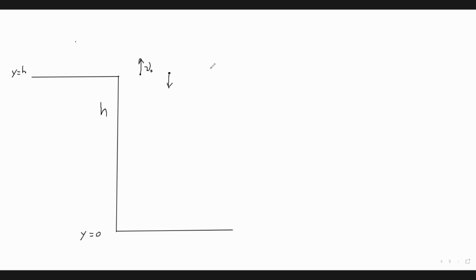So let's see. Let's write down y1. This is ball 1 and this is ball 2. So y1 equals the starting point, which is h, plus v0t minus 1/2 gt squared.